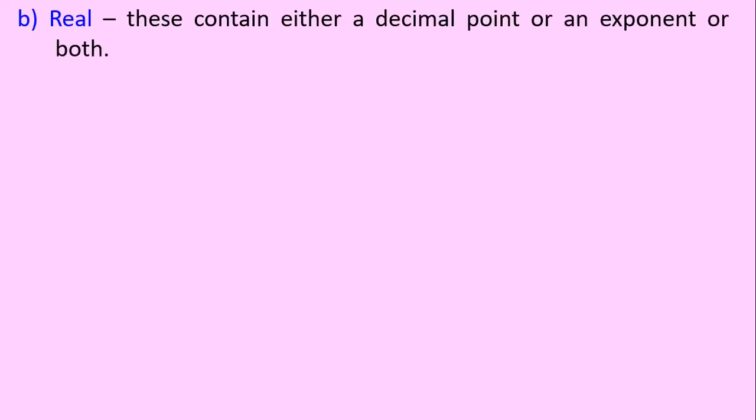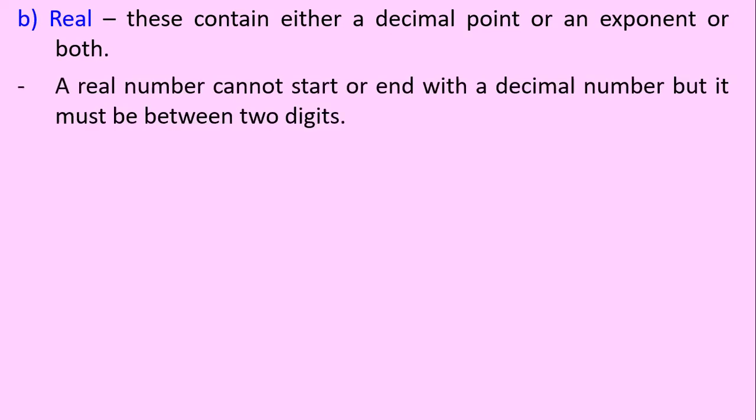The second data type is real. This indicates that the content of that memory location can contain either a decimal point or an exponent or both. A real number cannot start or end with a decimal point, but it must be between 2 digits.